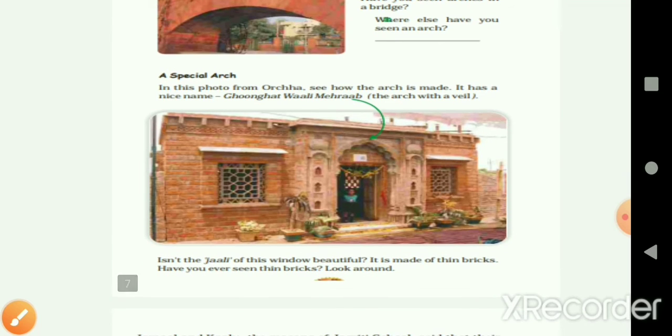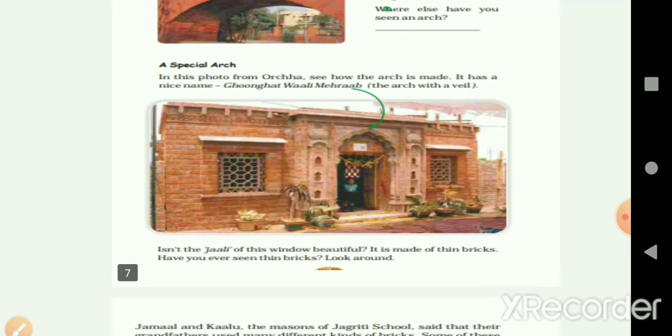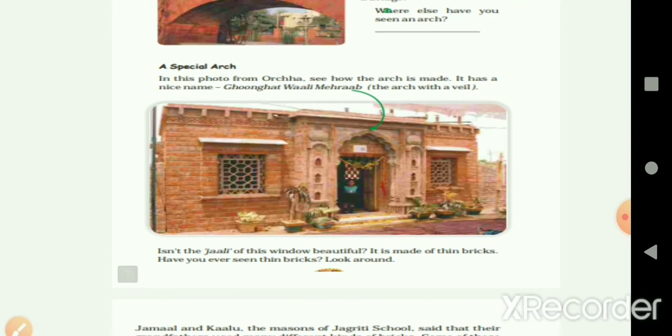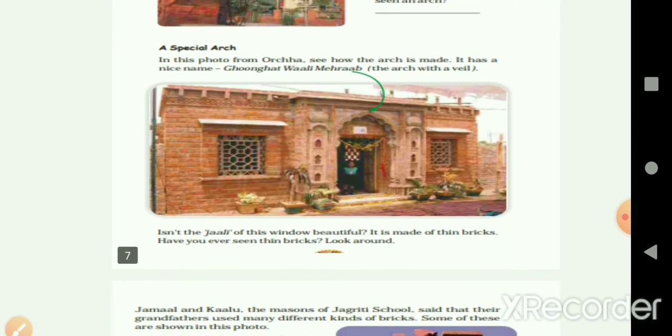Okay, now a special arc in this photo from Orchha. See how the arc is made. It has a nice name, Gungar Wali Mahrab, the arc with a well.